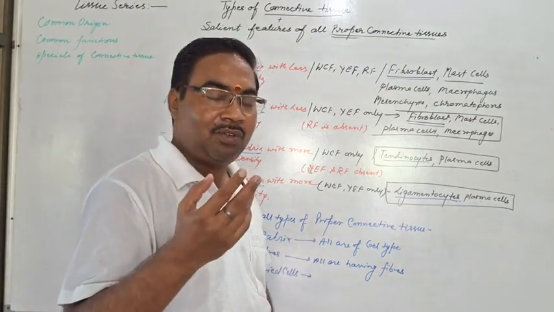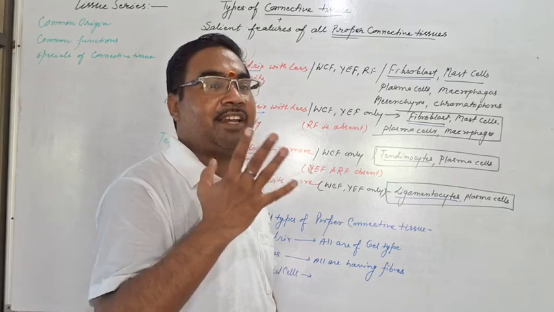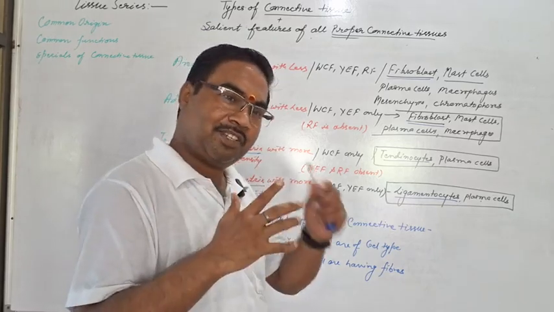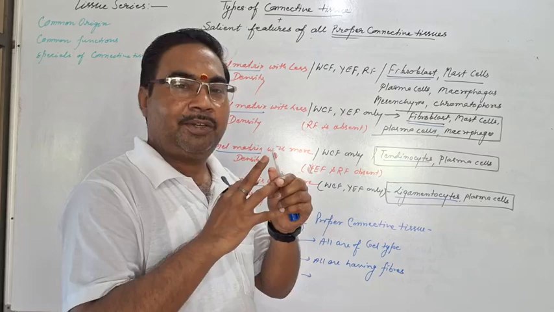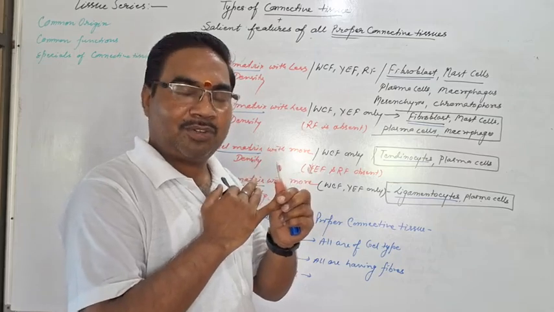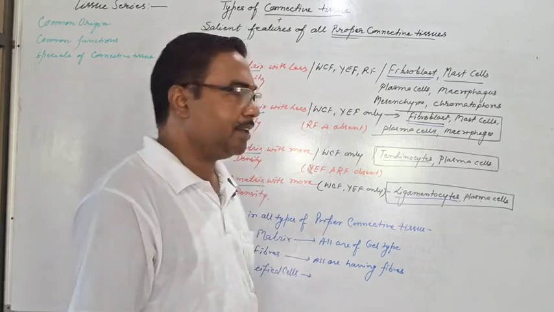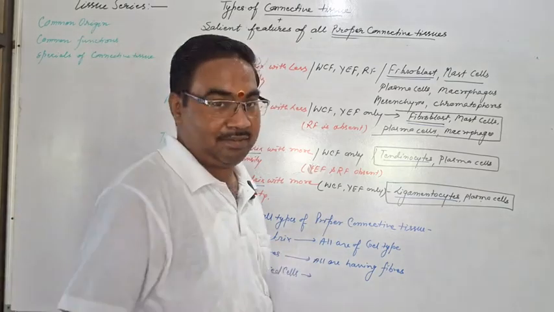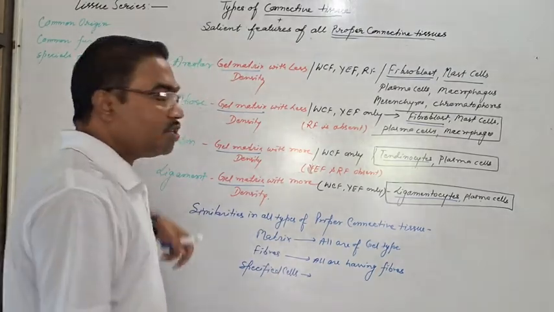When we learn about WBC, the leukocytes, five types of leukocytes are present in the body. You must remember: eosinophil, basophil, neutrophil, monocytes, and lymphocytes. These all five types are modifying to form this type of tissues.